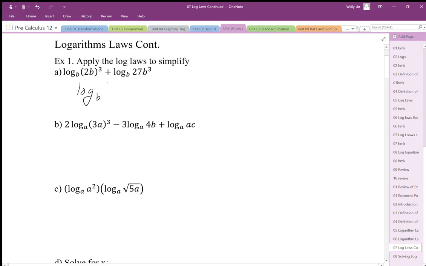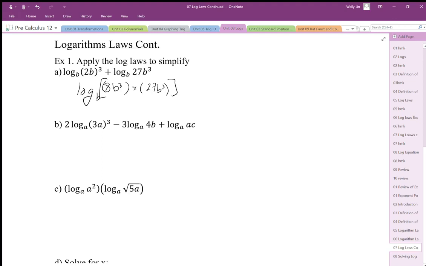So I'm going to make this 8b cubed times 27b cubed, and I'm going to put that all together in one argument. Put the square bracket, so that's all one argument. That's all pretty good. 8 times 27, what's that going to be?